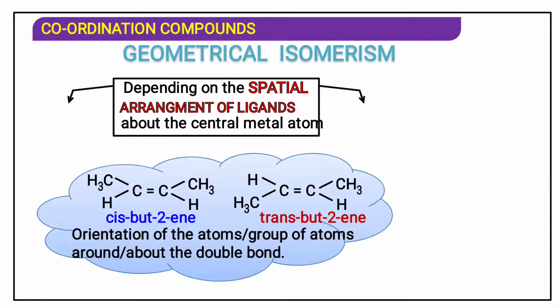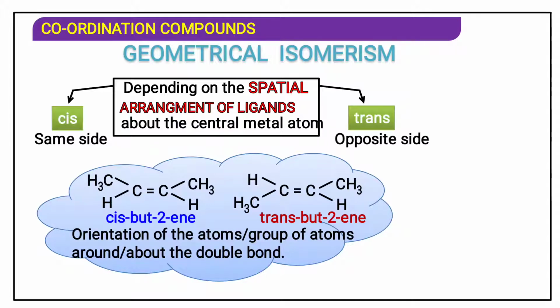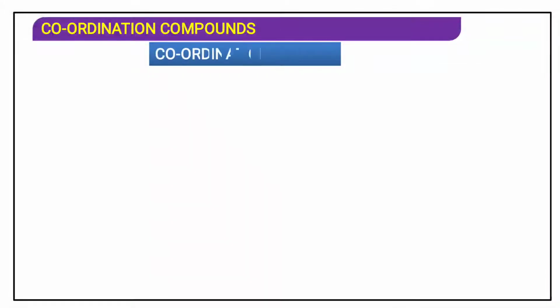Now how will we study this cis and trans configuration in coordination compounds in a different way? Try to understand. Cis means same side and trans means opposite side. Now you know very well what the coordination number is.